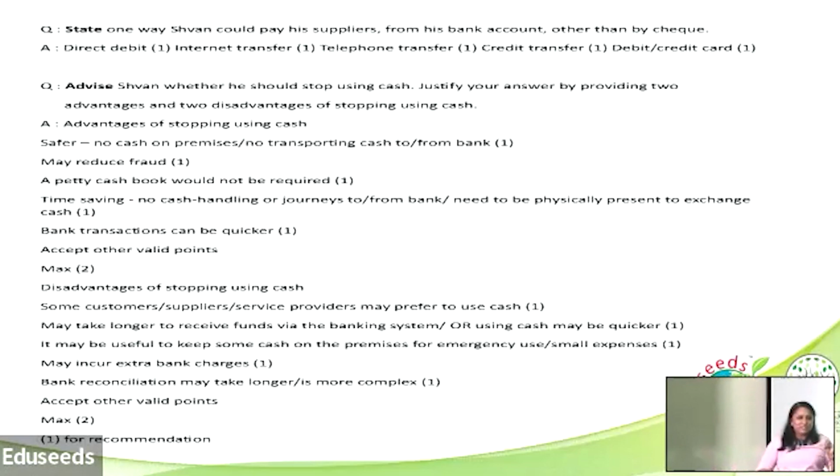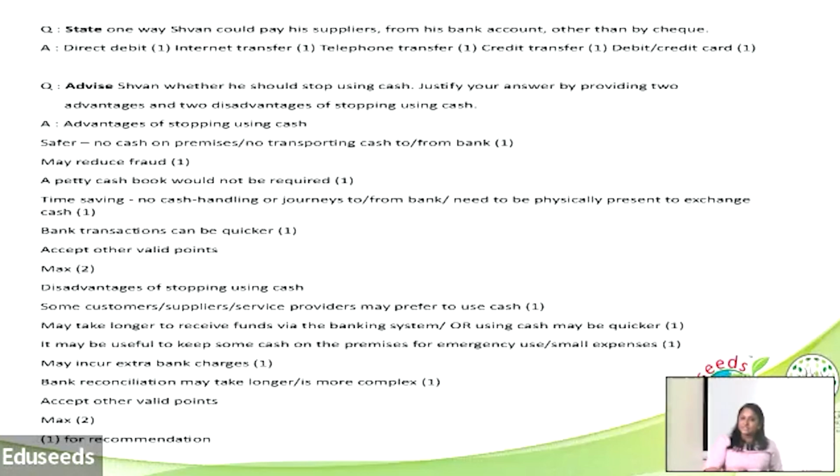So what do you do? Just write there 2 pros, 2 cons, and 1 recommendation. Right? Like here, you can see the answer, advantages of stopping using cash. And then you see disadvantages of stopping using cash. 2 marks, 2 marks. And another 1 mark will be the recommendation. Okay, recommendation is very subjective, right? So there is no right or wrong answer.